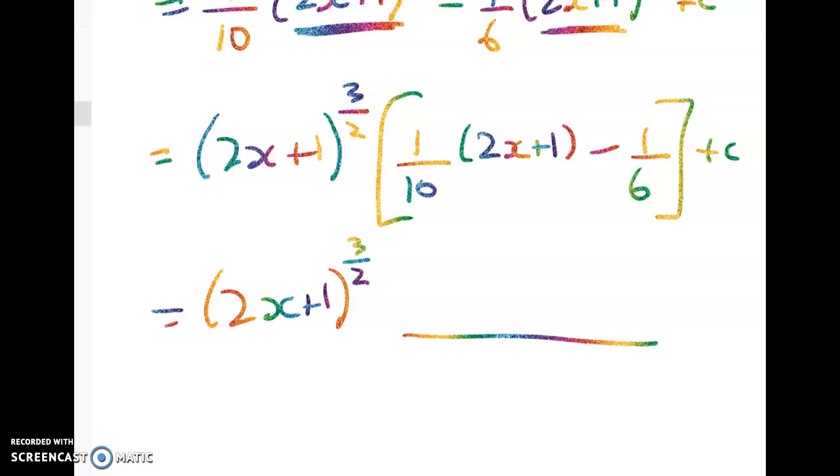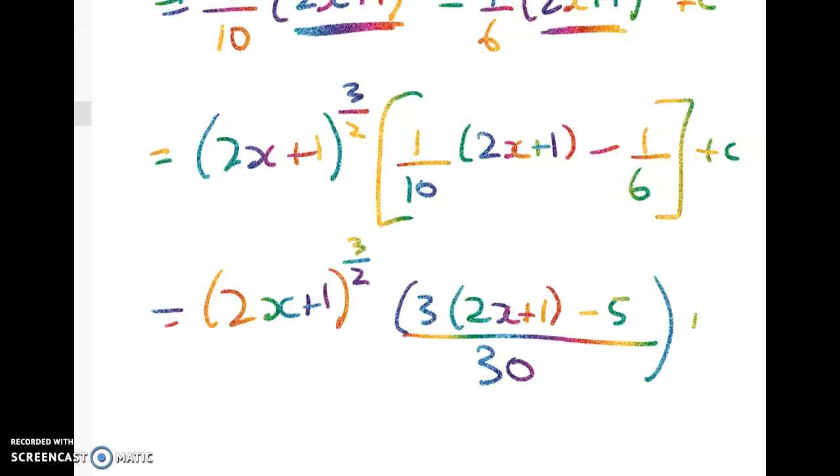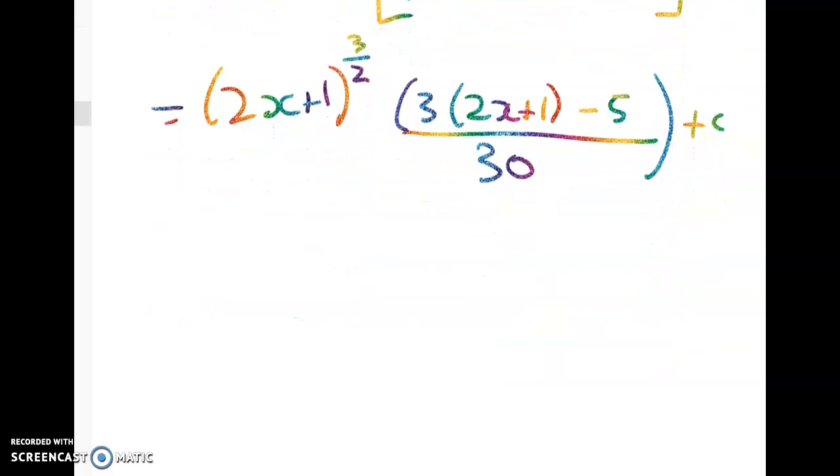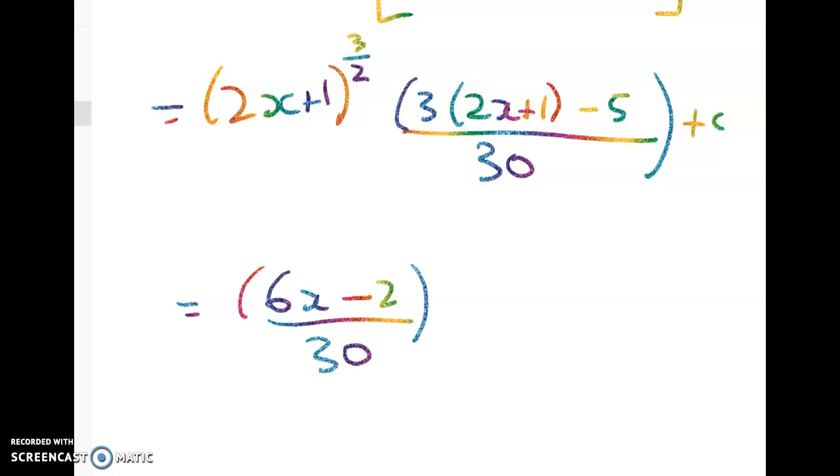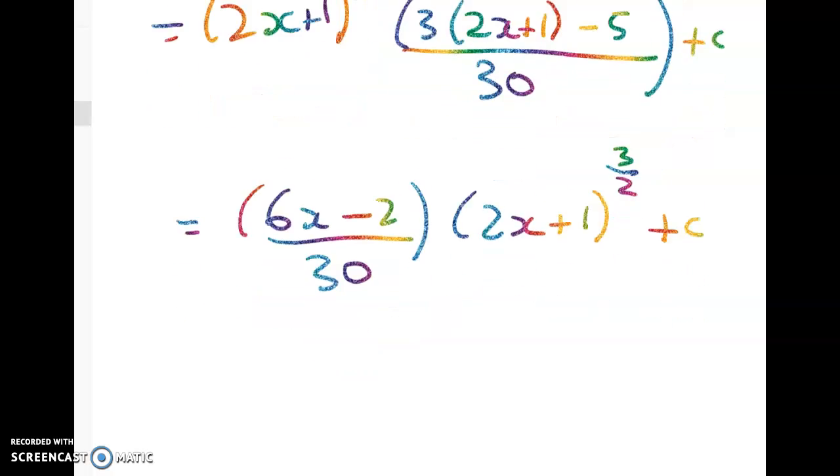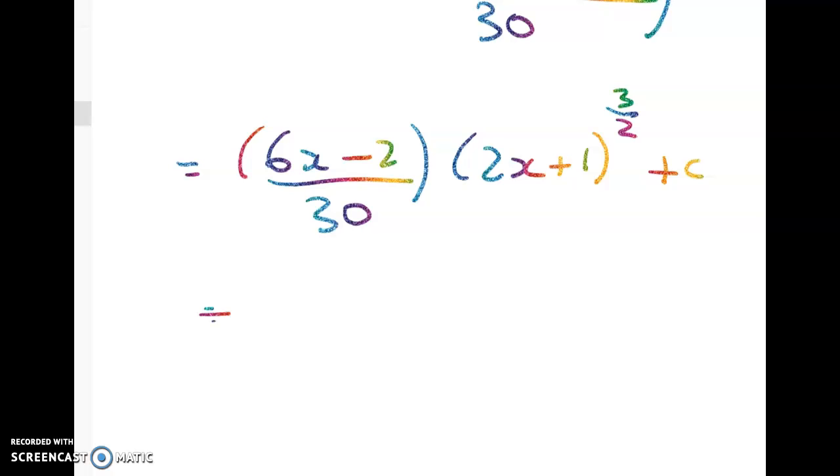In here, let's get a common denominator, and it'll be 30. I'm going to have 3 times 2x plus 1 minus 5 plus c, which gives us 6x minus 2 over 30 times 2x plus 1 to the 3 over 2 plus c, and that is equal to 3x minus 1 over 15 times that.